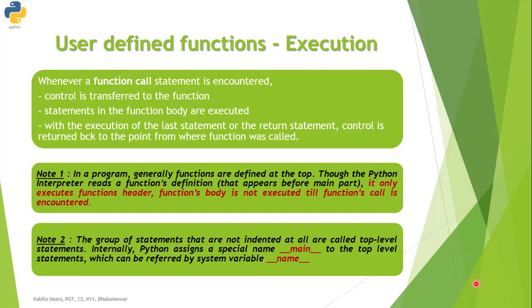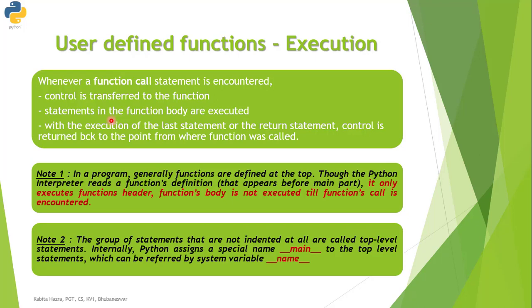We know that just by defining a function it is not executed. So to execute a function we need to write a function call statement. When the Python interpreter encounters a function call statement, the control is transferred to the function.